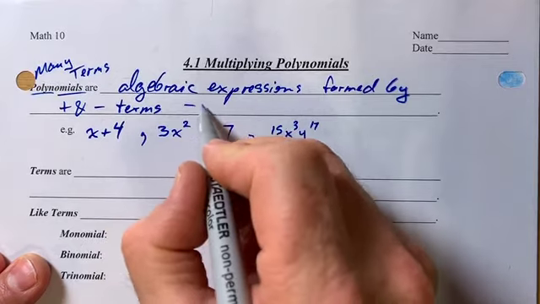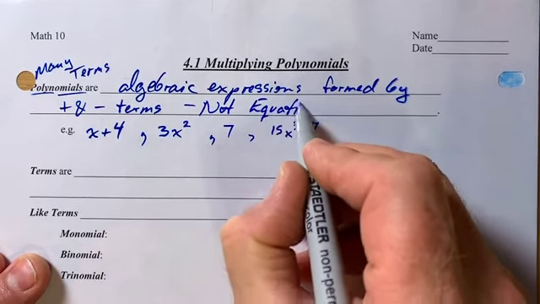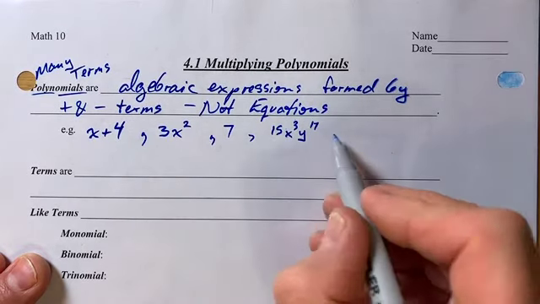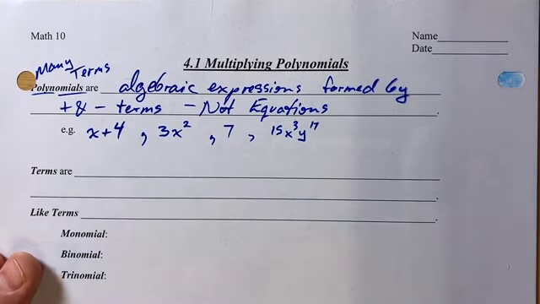And here's what they are. They are not equations. An expression is an algebraic thing like this, but an equation would have an equals on the end. So I'm not actually saying x plus 4 equals something. I'm not actually solving.